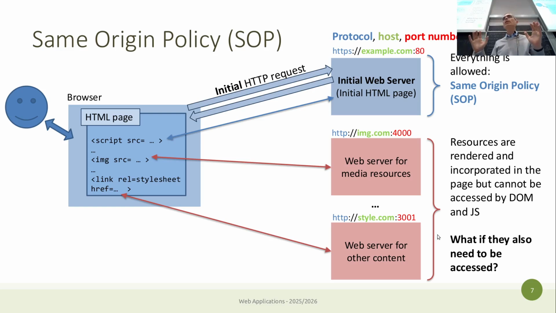So in short, what does this same origin policy do? Actually, we have the browser. We start from an initial web server, from this web server, https://example.com:80.